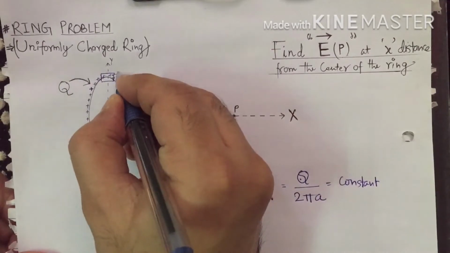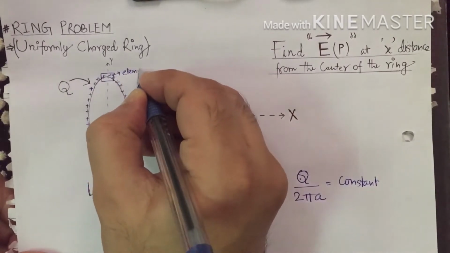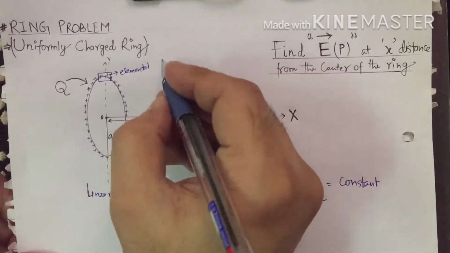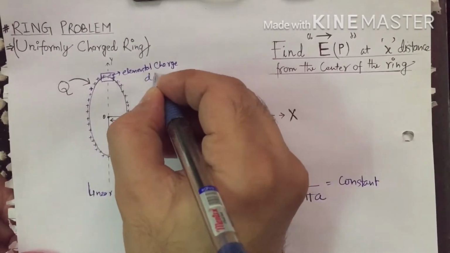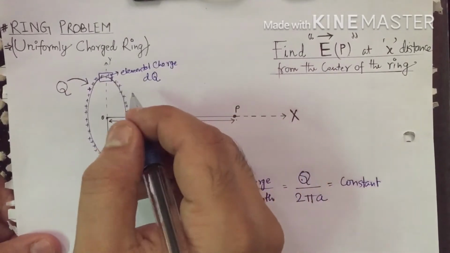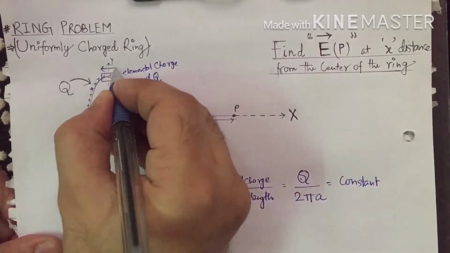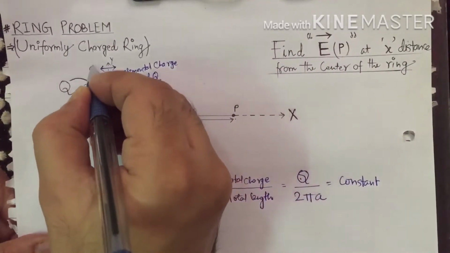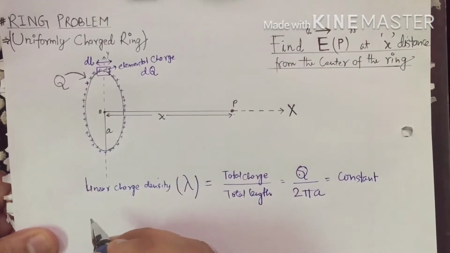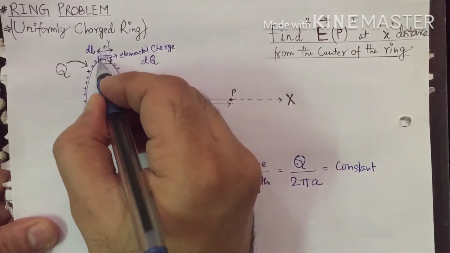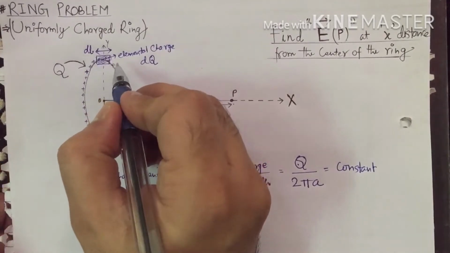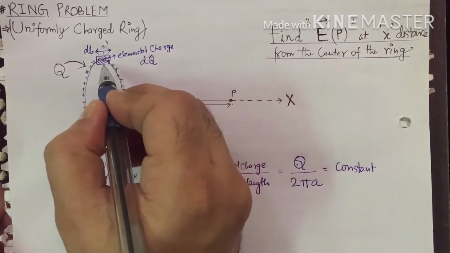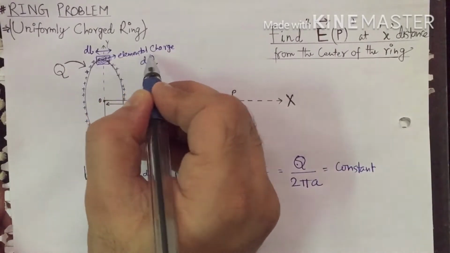This is called an elemental charge, represented by dq, having length dl, enclosing some amount of charge dq. So we need to calculate what is the amount of charge enclosed within this elemental charge.